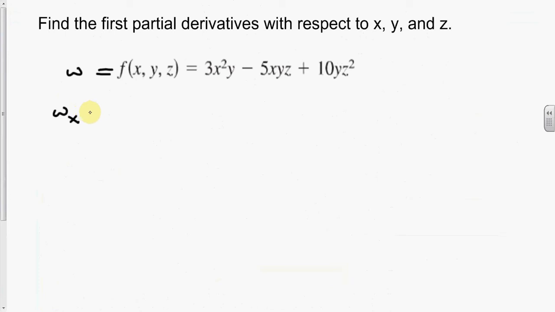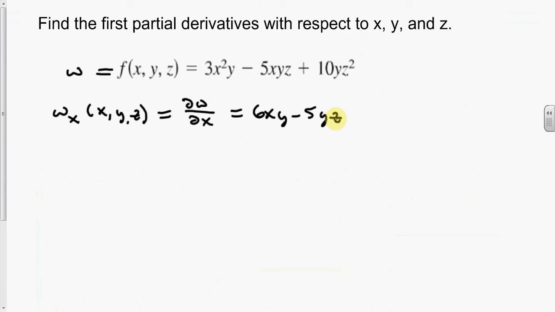All the way through, you should be writing parentheses x, y, z, but I use the shorthand. So this is the same thing as the partial of w with respect to x. So this is 6xy minus 5yz.